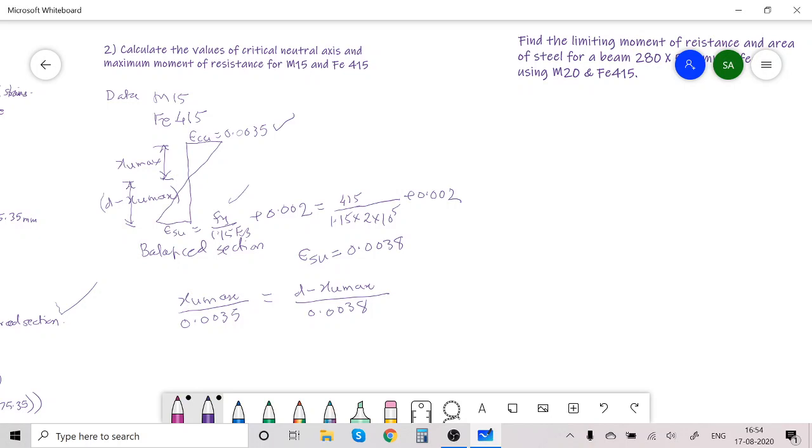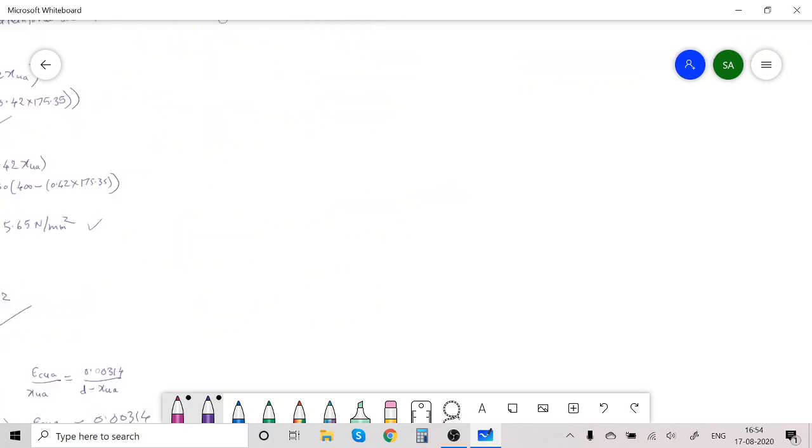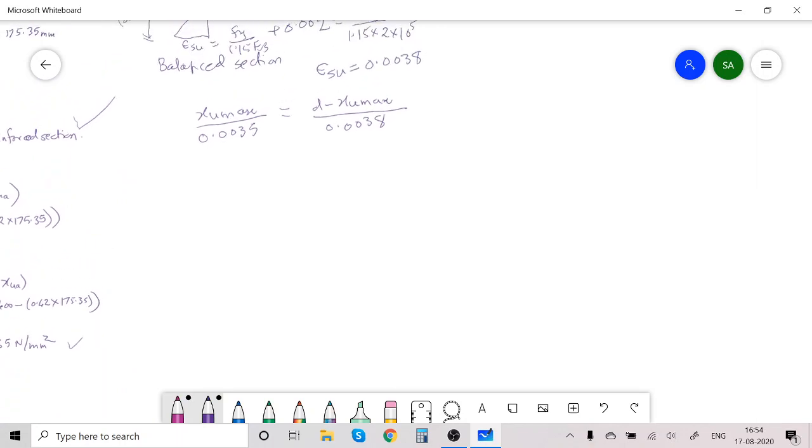Take this 0.0038 divided by 0.0035. XU max is equal to d minus XU max.